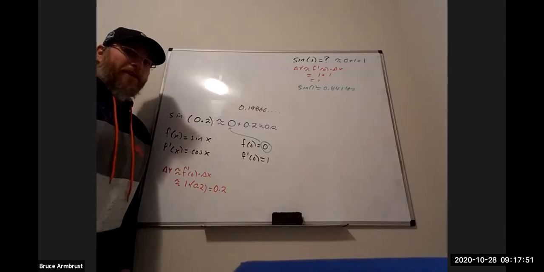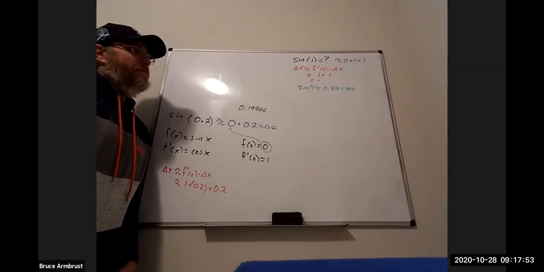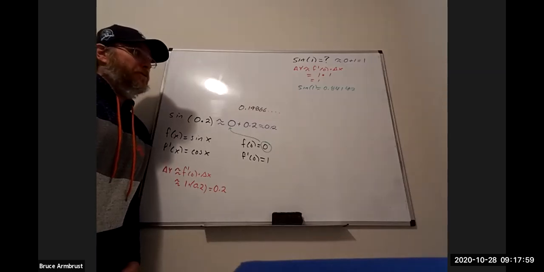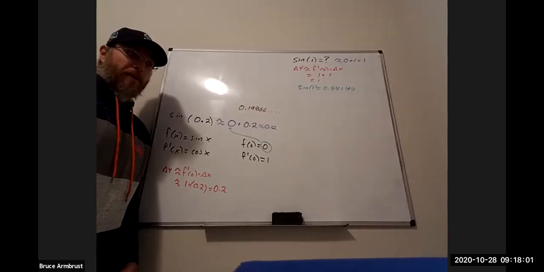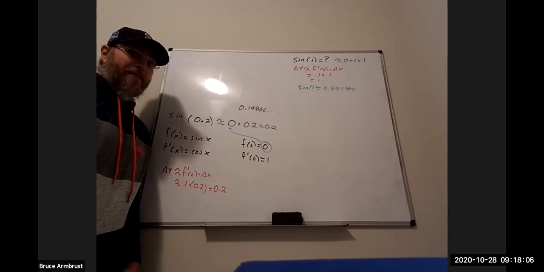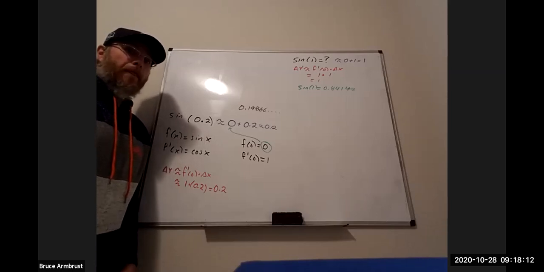Because now think about it, what if we just think percent error? Now I'm off by 0.16, and 0.16 as opposed to 0.84 is like 20%. That's starting to be a big discrepancy.